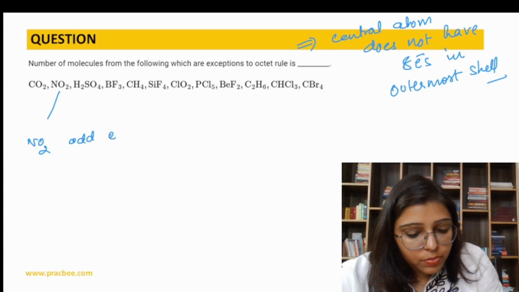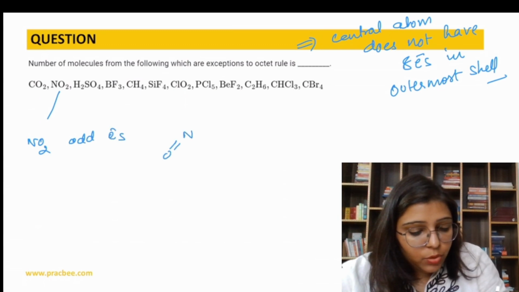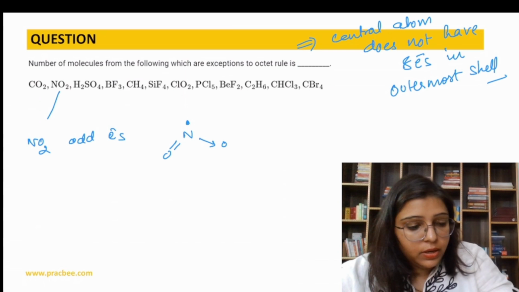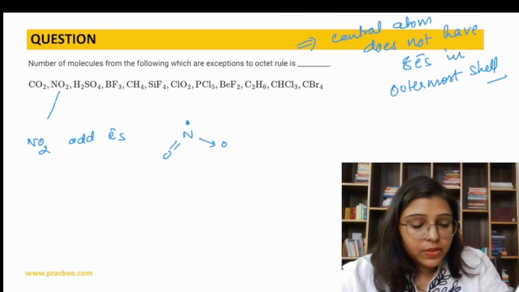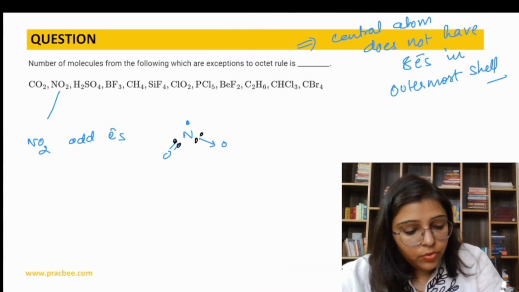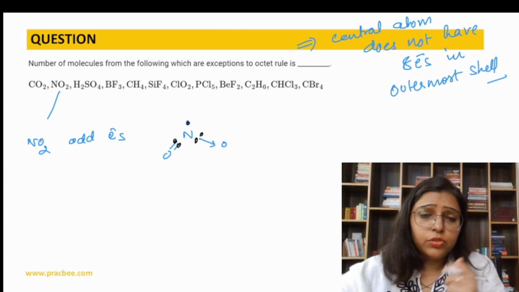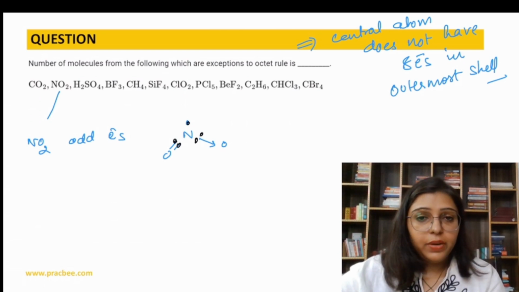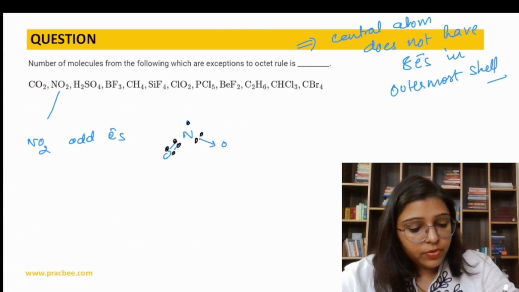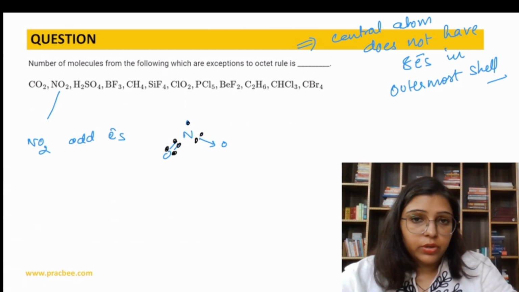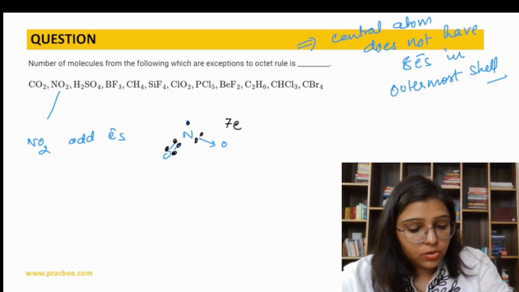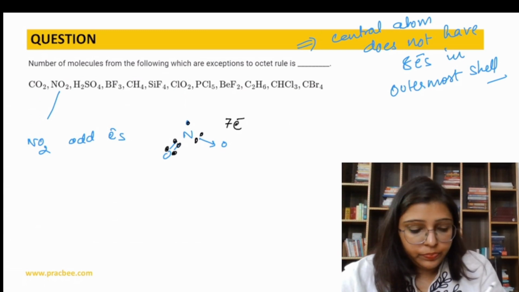NO2 is odd electron species. How? N double bond O, lone pair, and we have only one electron. 5 electrons are present on nitrogen. Now 1, 2, 3, 4, and this is 5. Because for the coordinate bond, we should be having 2 electrons, right? So if I count the total number of electrons around nitrogen, that is going to be 7 electrons. But still it is stable.